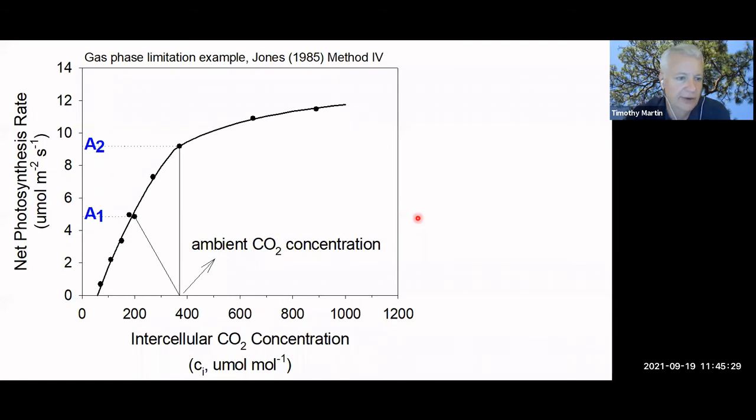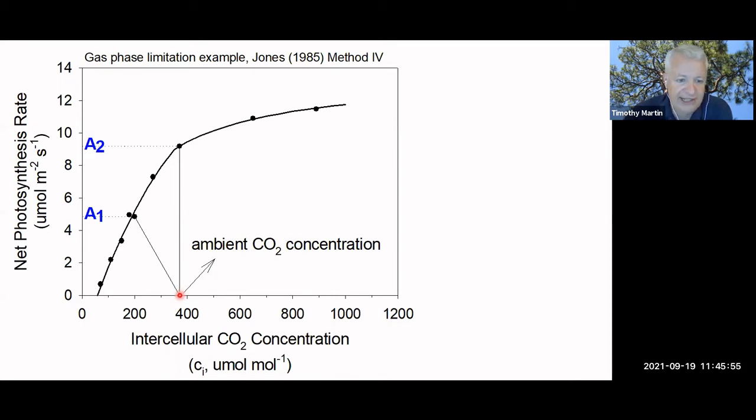All right, so let's take a look at an ACI curve and imagine a hypothetical situation. We have ambient CO2 concentration here, about 390. You can tell this graph was made a number of years ago when the ambient CO2 concentration was lower. But at any rate, let's say the ambient CO2 concentration is 390.